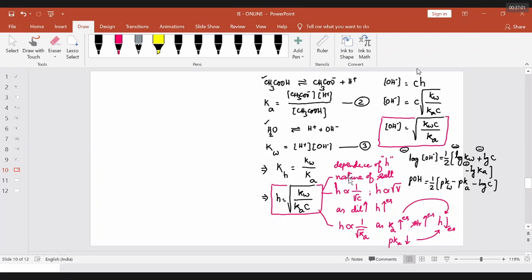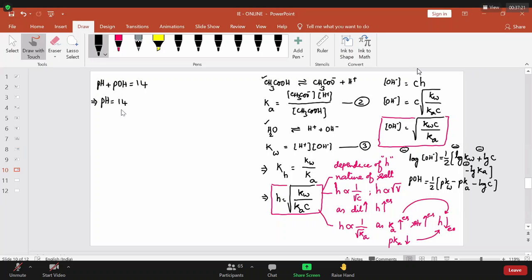No. I want pH. If pH is required, what do you know? pH plus pOH is always equal to 14. Therefore, this implies pH is equal to 14. Take care of the minus sign, right?